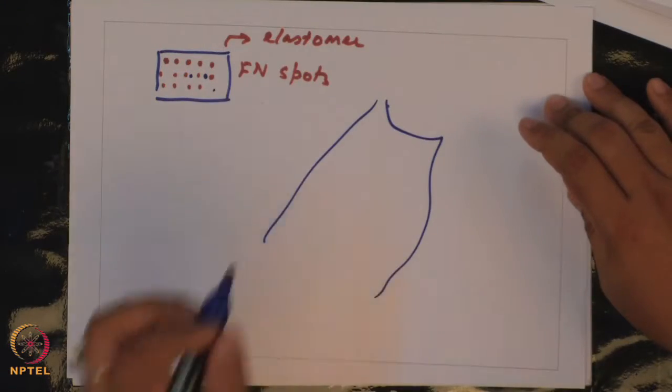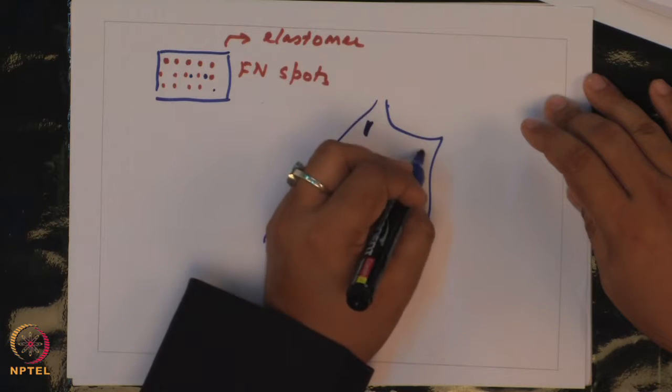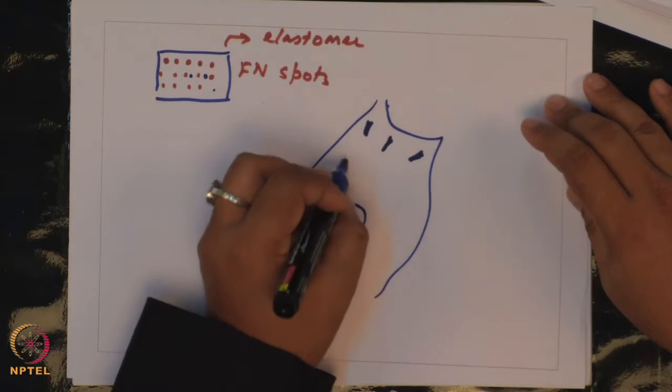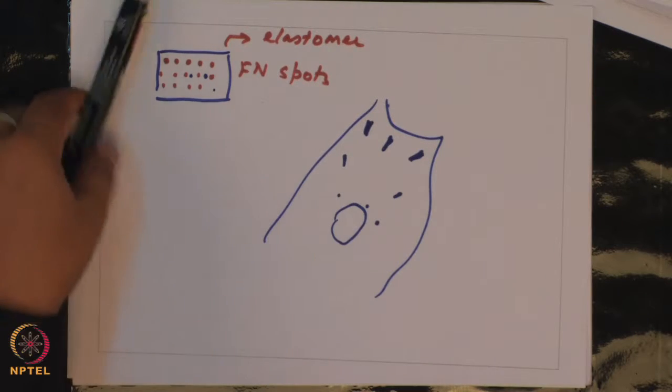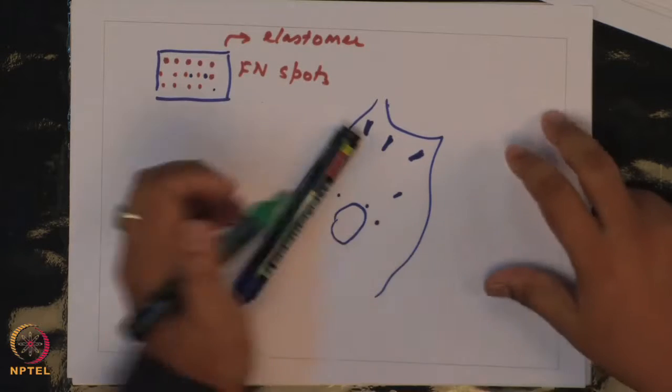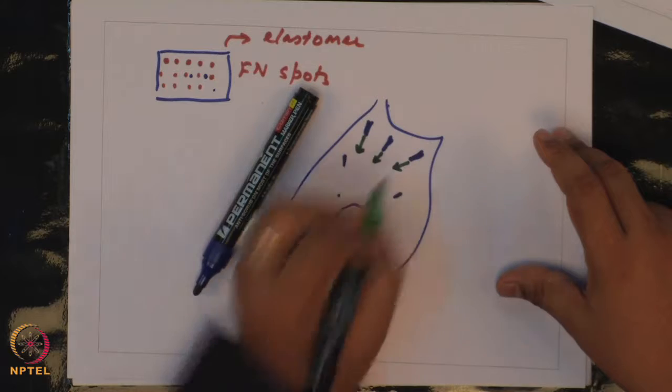Through this experiment, what they found was, if you take a cell, you have these adhesions, these focal adhesions, and at each focal adhesion they were able to measure the forces.